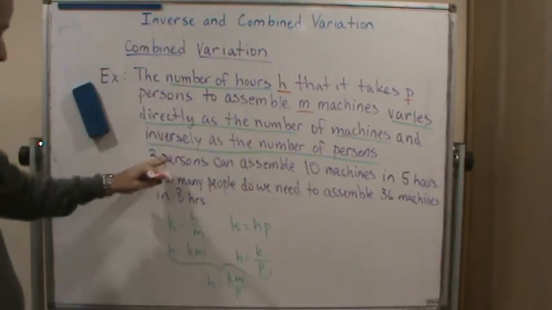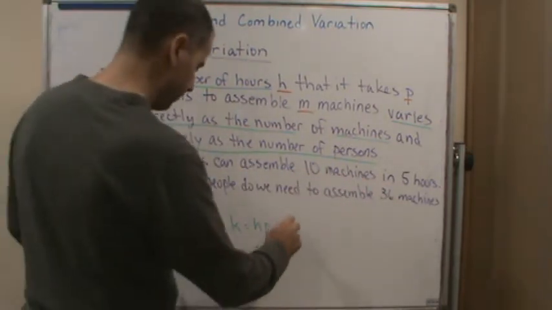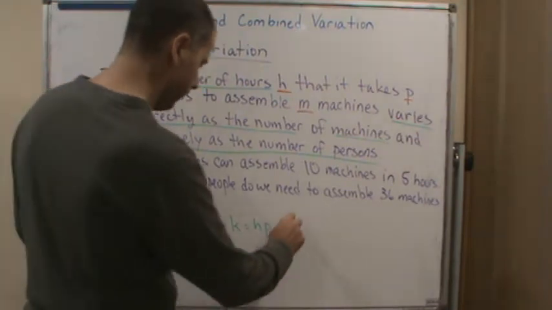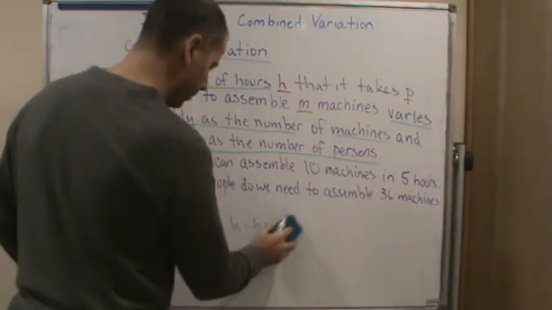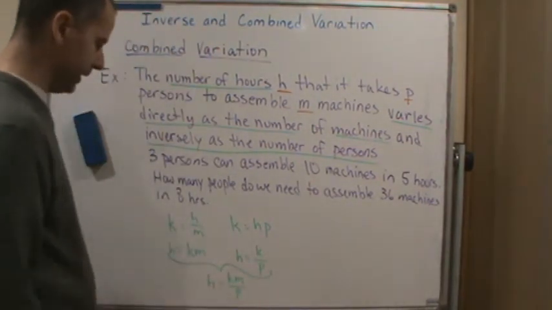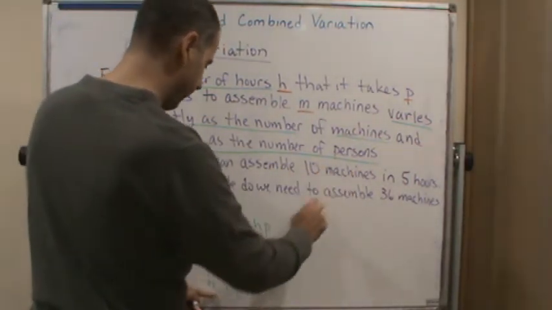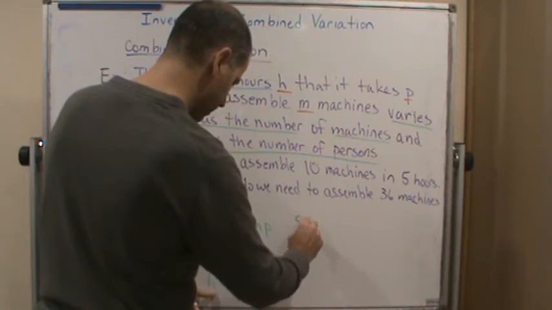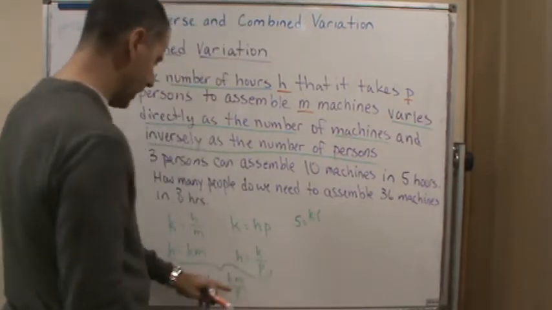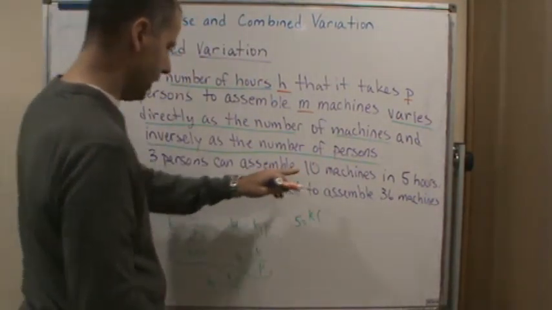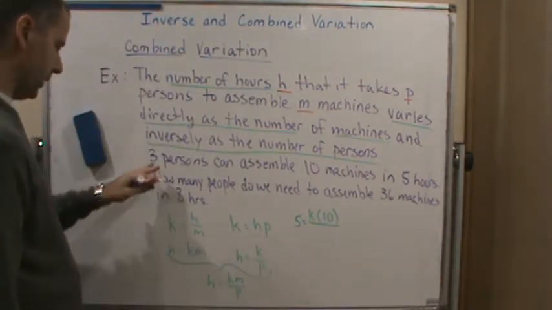So we need to find K. That information is going to help us get K. We're going to plug in for H, M, and P and solve for K. H is 5, and 5 equals K times M, which is 10 machines, and the number of people is 3.